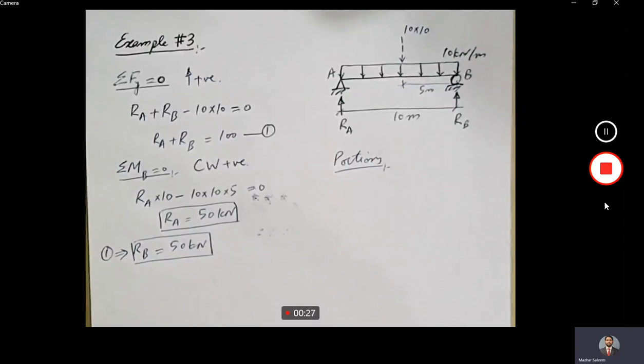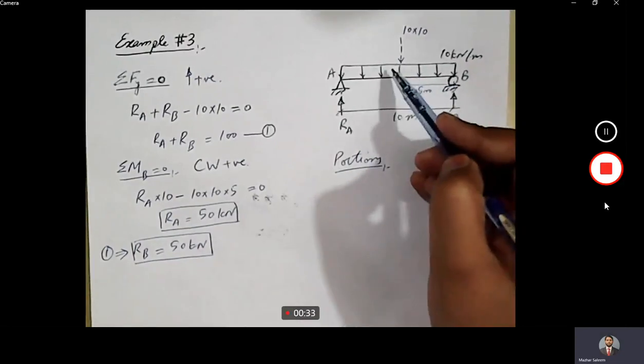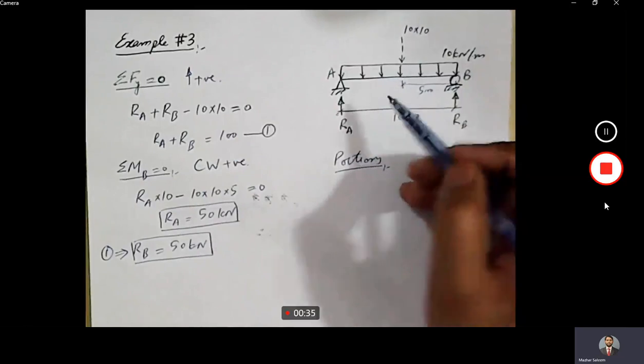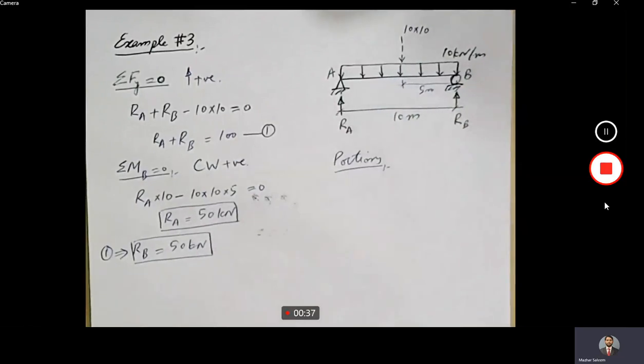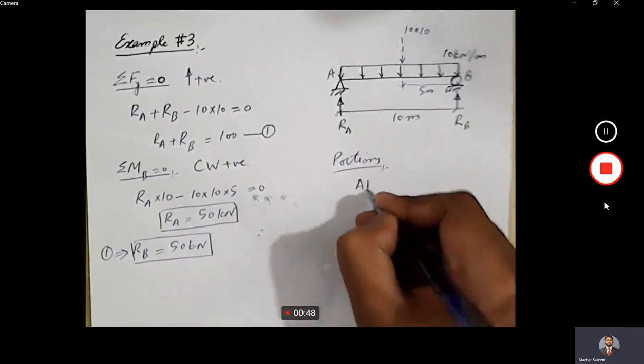But actually, it's a UDL. So we will not say, okay, this resultant is acting here, so we should divide the beam into two parts at this location. No, we will not do that. All right, so let's move on. So we have only one portion AB here.